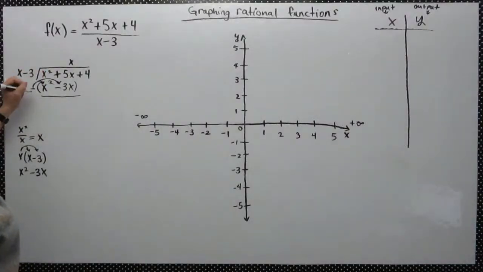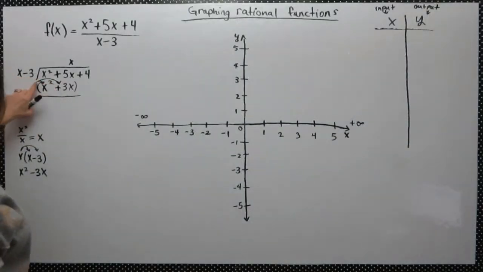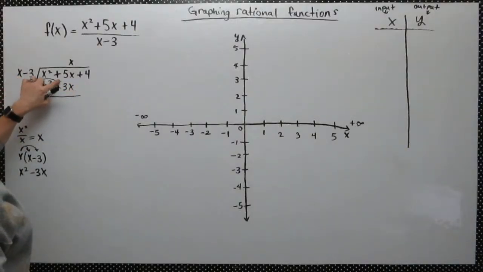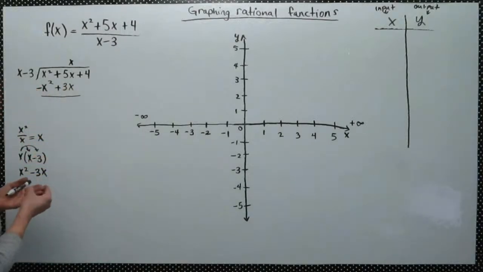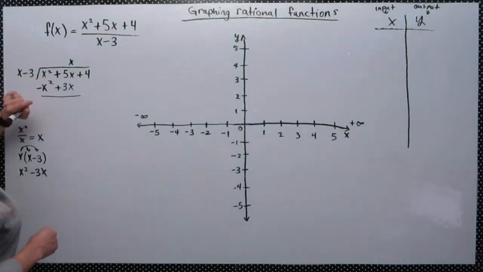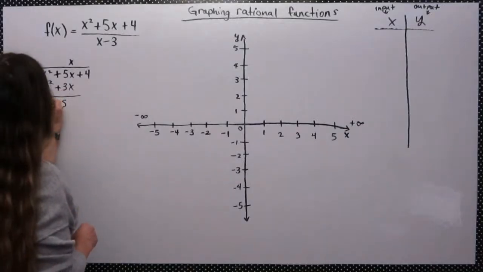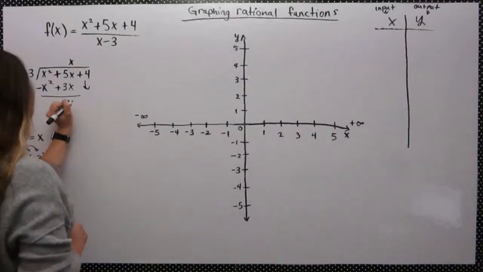While this one becomes a negative, this one actually becomes positive. Hopefully that makes sense, and I can explain that once. That way, if I have to do it again, you'll understand why I'm changing the signs. It's because you subtract, there's two terms, and you have to carry that subtraction to both terms. So x squared minus x squared is 0, and 5 plus 3 is 8. So you have 8x, and then you bring that 4 down, and you have 8x plus 4.